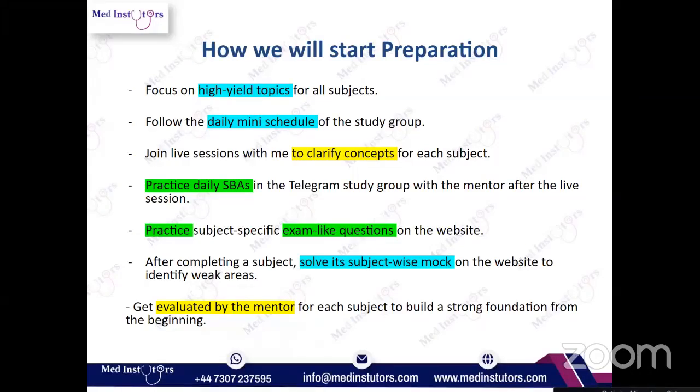You can drop a text in the Telegram group or the WhatsApp group. We will answer your queries. Get evaluated by the mentor for each subject to build a strong foundation from the beginning. So this is how we take our students together, and we will support and assist them for their thorough exam preparation.